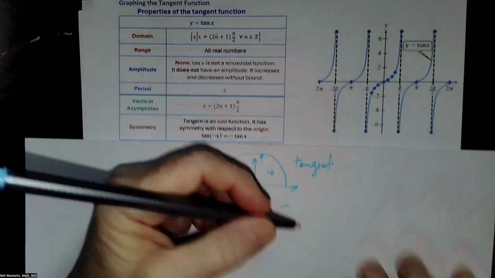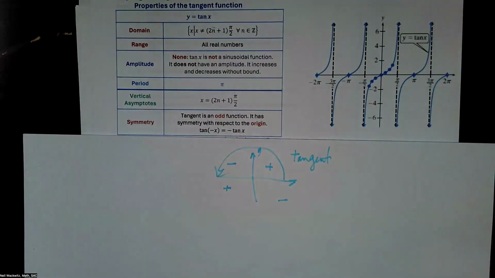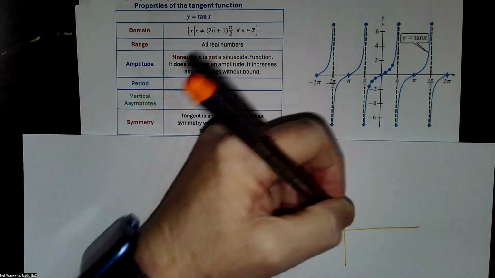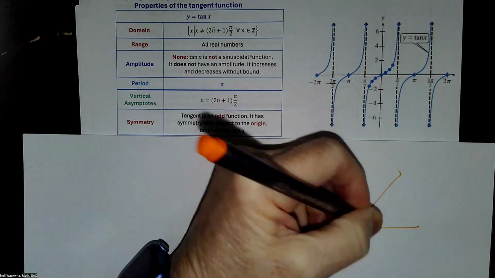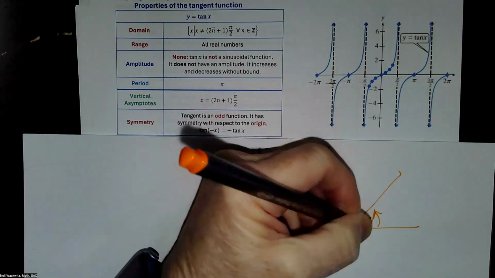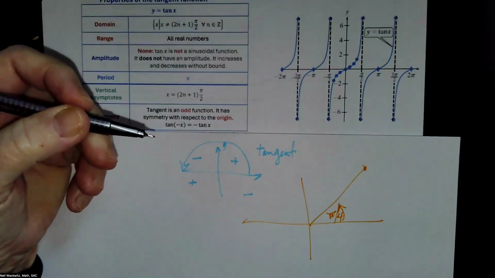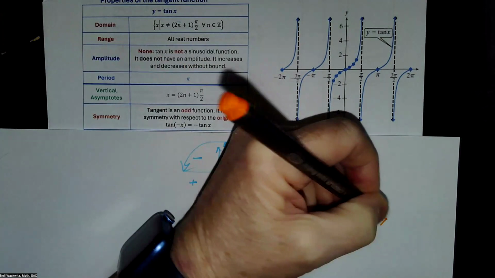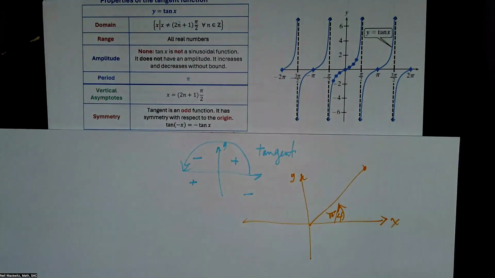We also have a couple of nice values for tangent. What is the tangent of pi over 4? One.